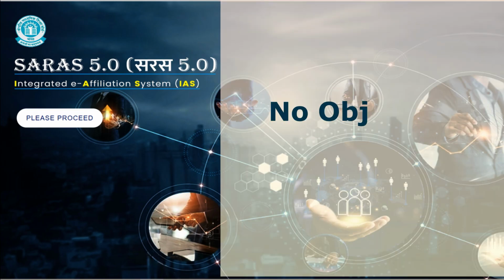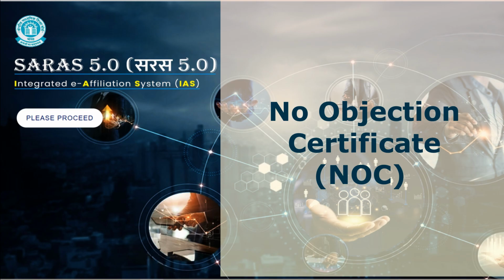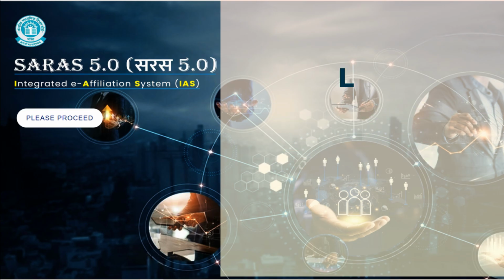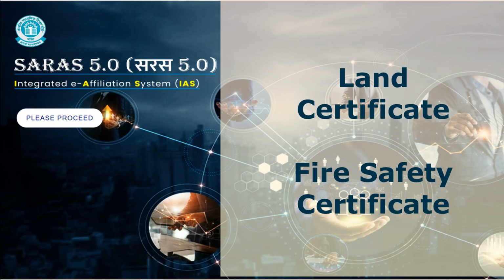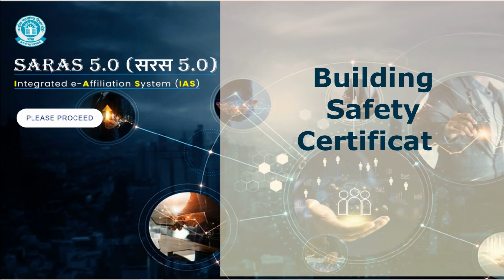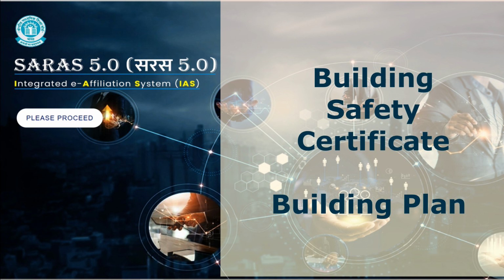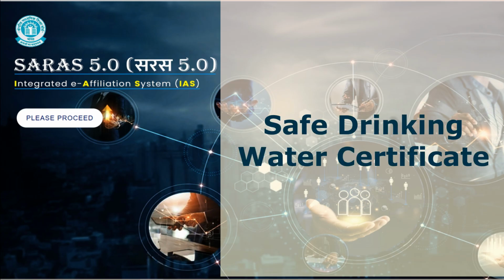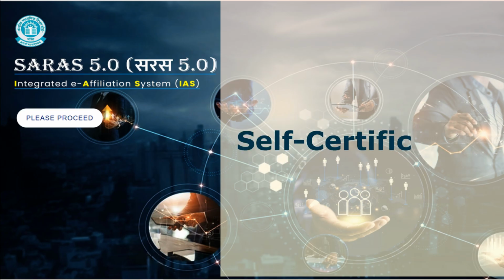These include your no objection certificate from the state government, recognition certificate for RTE compliance, land certificate, fire safety certificate, building safety certificate, building plan from a certified architect, and a certificate of registration as proof that the school is legally registered as a society, trust or company. Also, you'll need documents like the Safe Drinking Water certificate and the self-declaration signed by the school principal and manager.